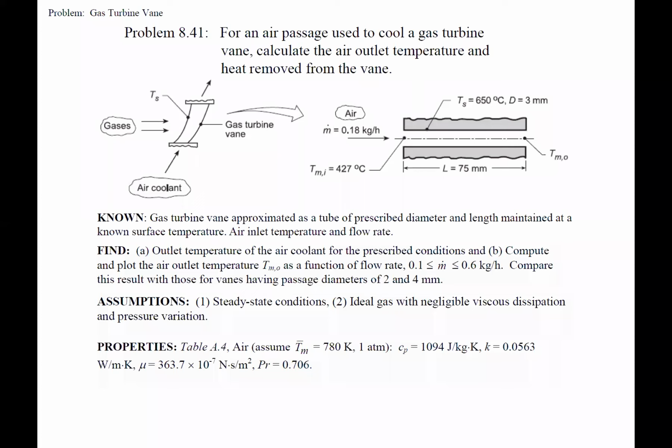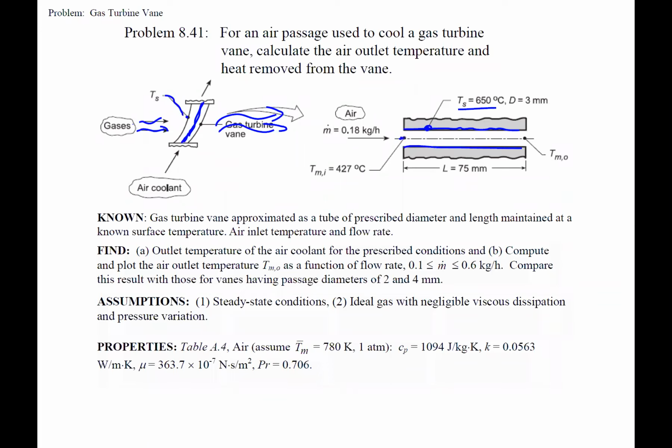All right, so we have this gas vane. We have exhaust gases on the outside, and an air coolant passageway through it, so inside here is a passageway. They're saying the vane itself is at this temperature, which is 650. So now we have our tube.